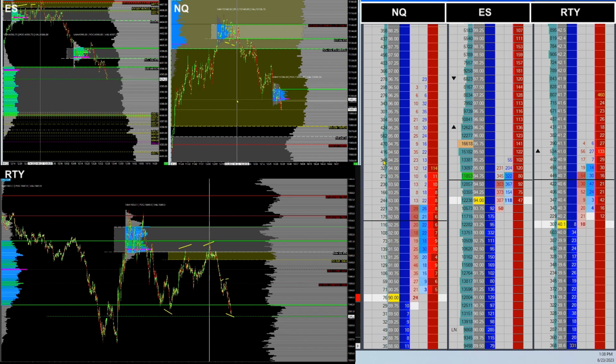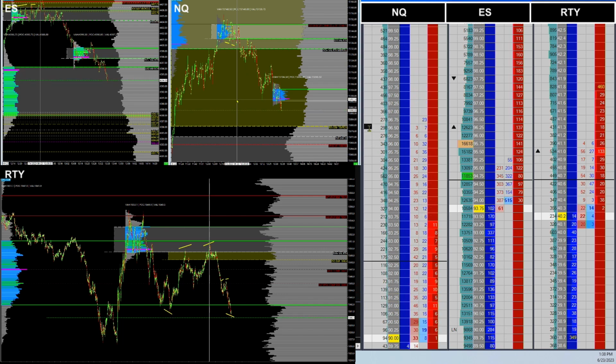96.50. If this goes without me, that's fine, because it's not getting more of a push than... definitely in a downtrend, that's for sure.